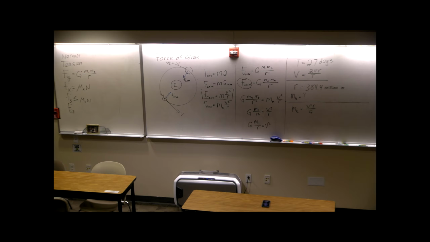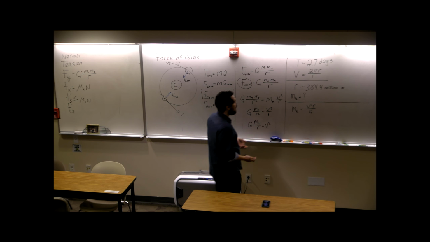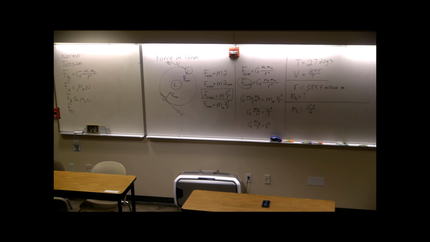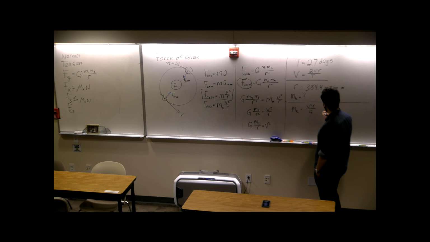Okay, so let's go ahead and take a look at this. I started doing the derivation here, right? Mass of the Earth is equal to v squared r over g. All I did here was multiply over the r, divided the g. We could go a step further. We can plug in 2 pi r over period for v.